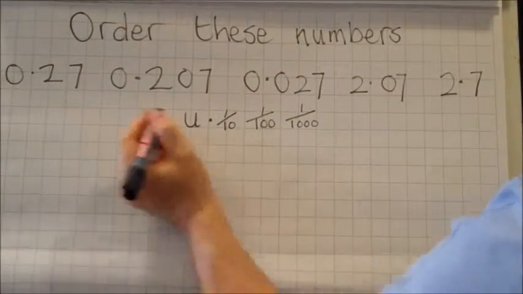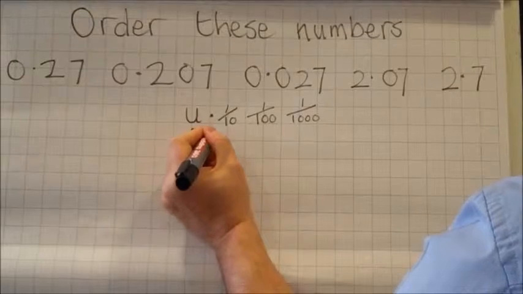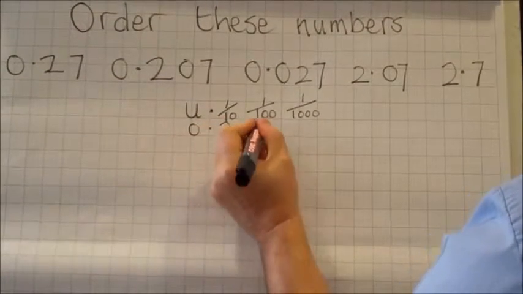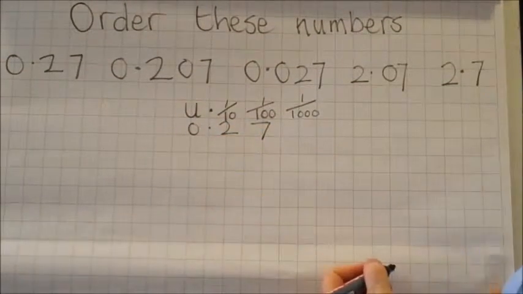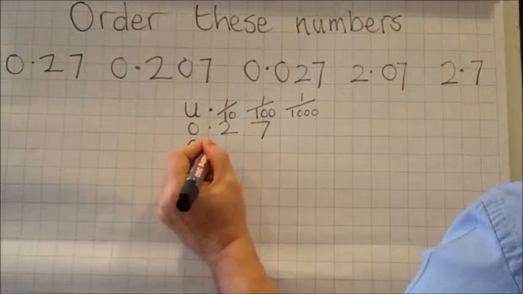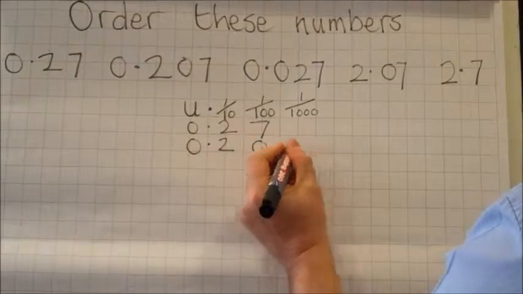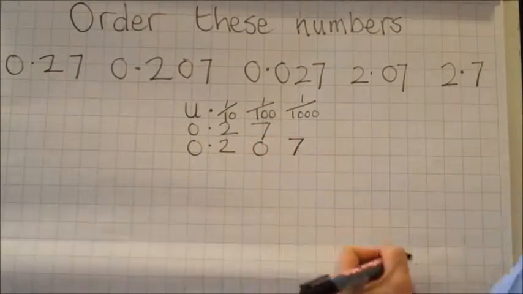Let's line these up. I'm going to do my first number here, which is 0.2 tenths, 7 hundredths, and this number here is no units, 0 units, 2 tenths, 0 hundredths, 7 thousandths.